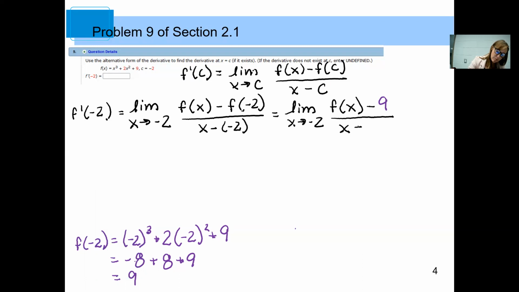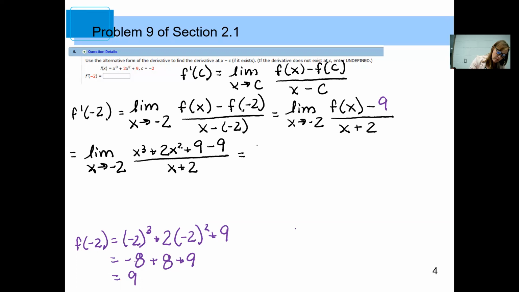We have x plus 2. Let's go ahead and plug in f of x now. So we have the limit as x approaches -2 of x to the third plus 2x squared plus 9 minus 9, all over x plus 2.